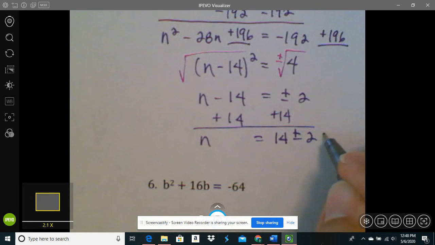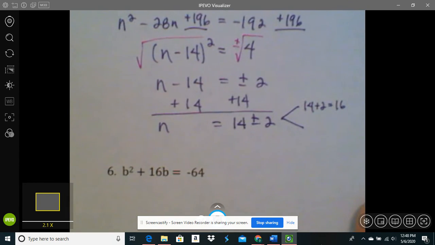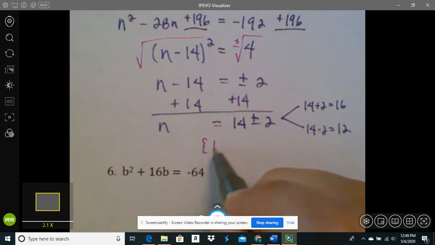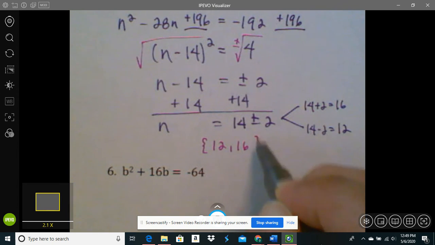But usually you see things visually as they're laid out, and that's the order in which you do those things. So 14 plus 2 is 16, okay? And then 14 minus 2 is 12. But when I report my solutions, they are 12 and 16.